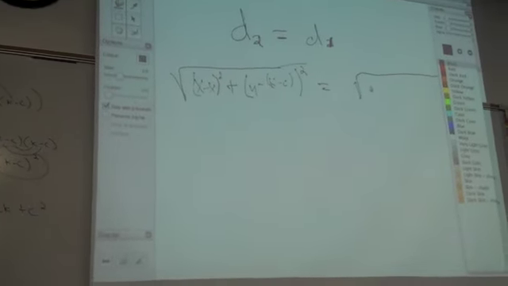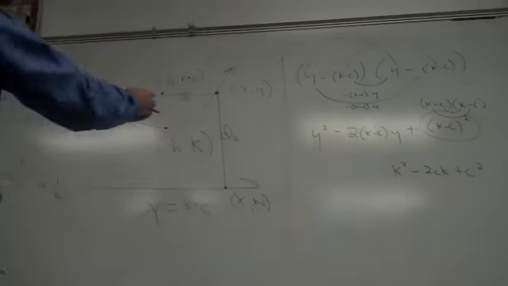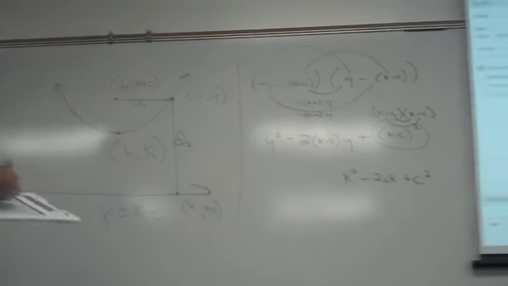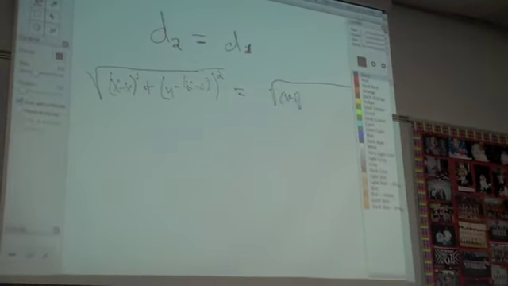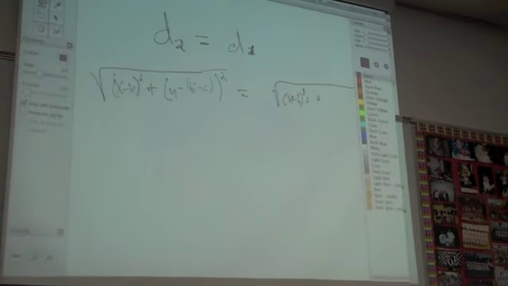Quantity squared. And then go to the other side, distance 1. And say x minus h quantity squared, plus y minus k plus c quantity squared.